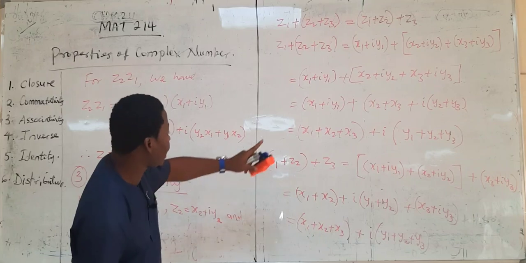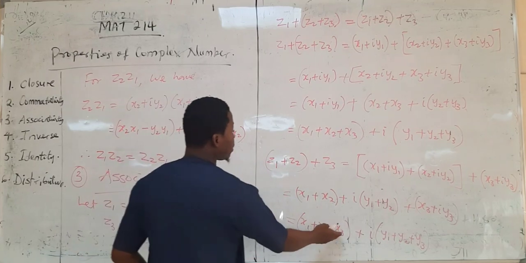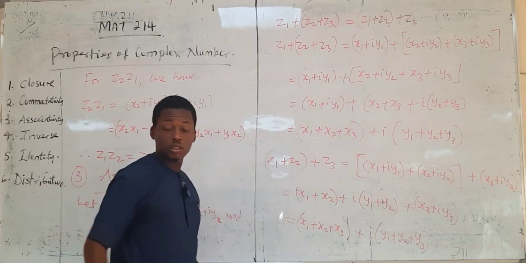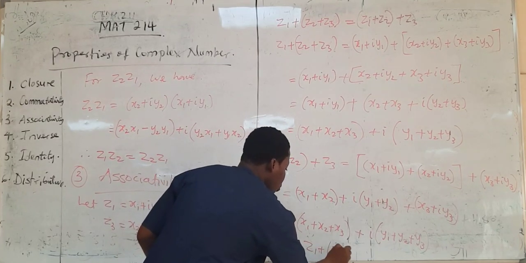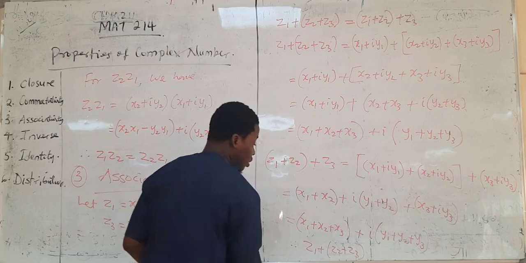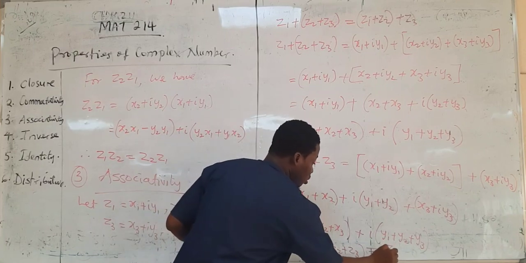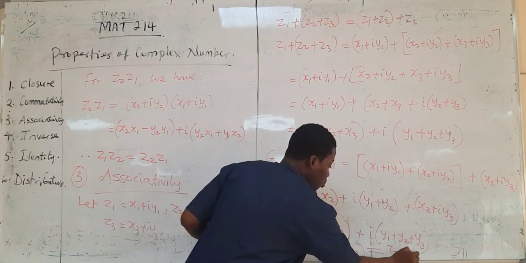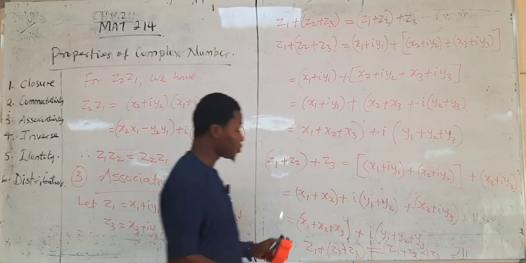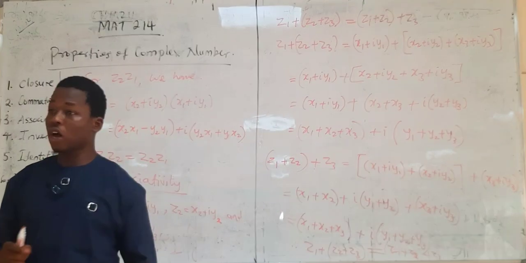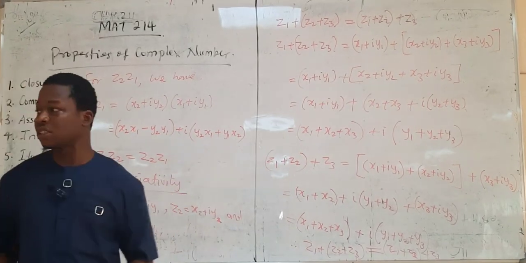So clearly now it can be seen that this is equal to this. So therefore z1 plus z2 plus z3 is equal to z1 plus z2 plus z3. So this is for associativity under addition.